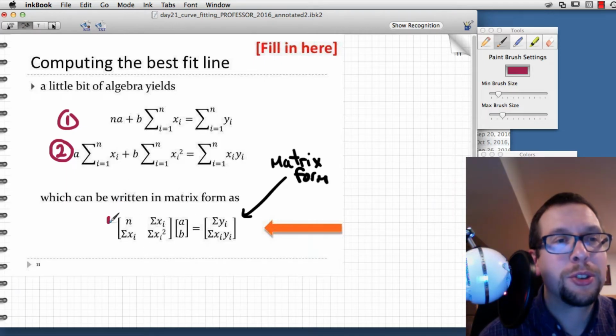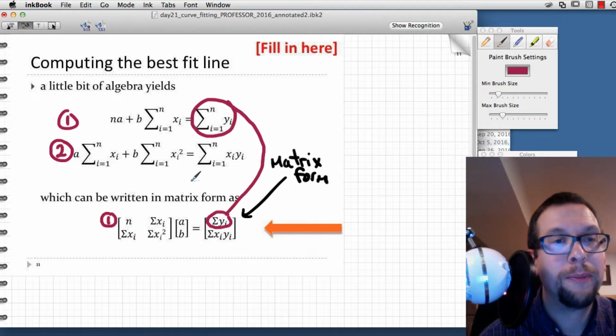Your first row, your n, your summation, your a and b, and your summation y sub i is your first equation. So you see right here, that's sum y. Your a and b, right there. Your sum x sub i is right here.